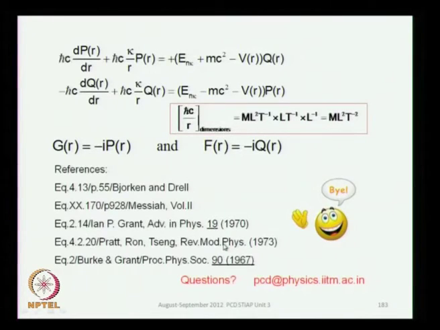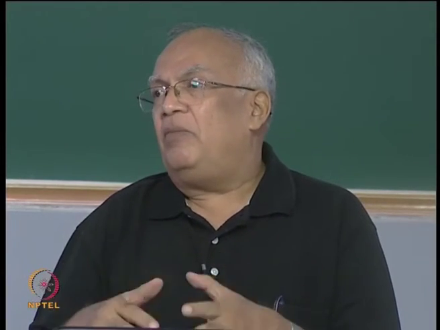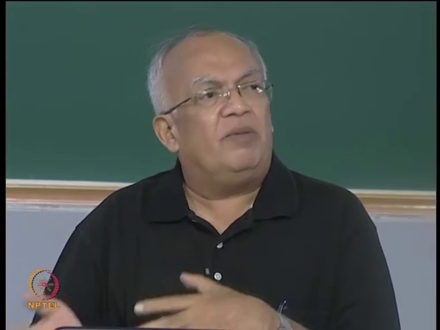Pratt, Ron and Tseng have a review in Reviews of Modern Physics, Burke and Grant have a nice paper, and you will find radial equations of this kind or some equivalent forms either in terms of G and F or P and Q, or the same equation multiplied by minus 1 or kappa replaced by minus kappa.